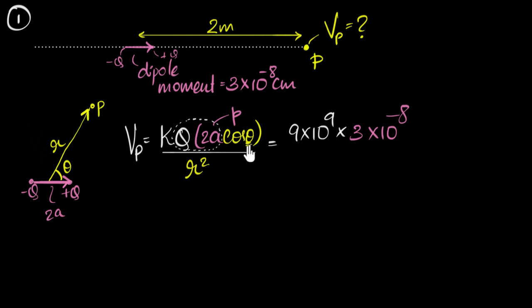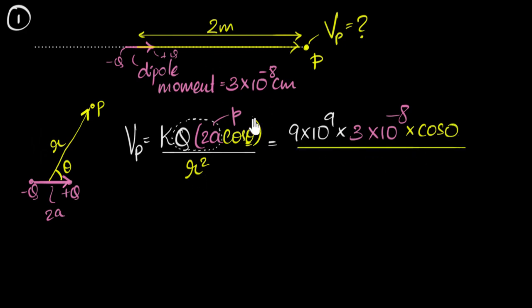And what is cos theta over here? Theta is this angle. In our case, if I were to draw that vector from here to here, that angle is 0. The two are aligned, so cos 0, divided by r squared.